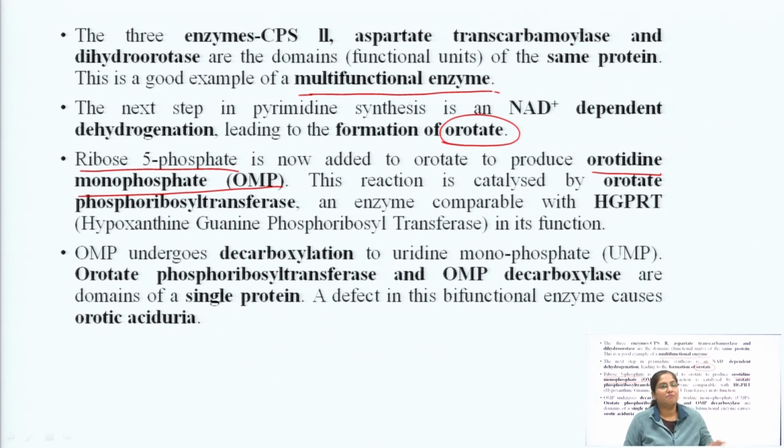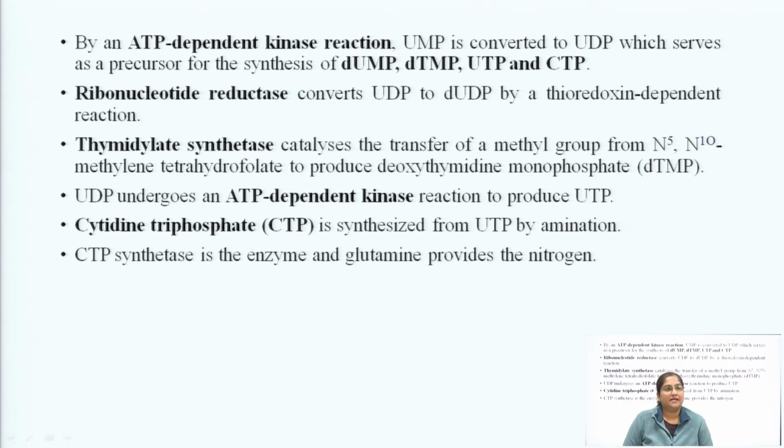If there is a malfunctioning in the step with this enzyme, then there will be a disease called orotic aciduria. And by an ATP dependent kinase reaction, UMP is converted into UDP, which serves as a precursor for the synthesis of dUMP, dTMP, UTP and CTP. Once you have your UDP, you can go for the synthesis of these.